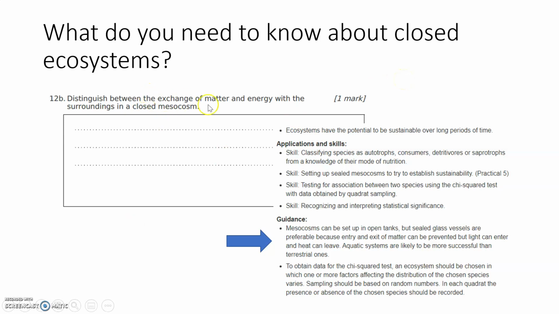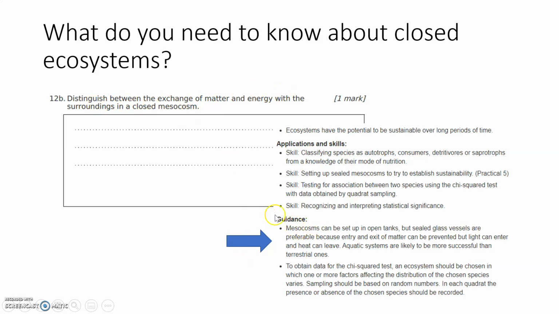Distinguish between the exchange of matter and energy with the surroundings in a closed mesocosm. And you have actually produced a closed mesocosm, the one in the plastic containers that you have set up, the sealed ecosystems. So you can take a look at that and maybe think about how matter is exchanged inside that system, or is matter exchanged with the surroundings, and is energy exchanged with the surroundings.